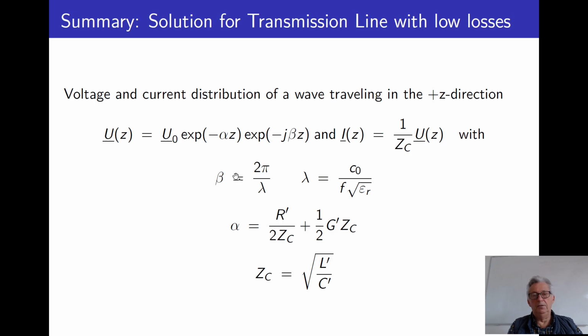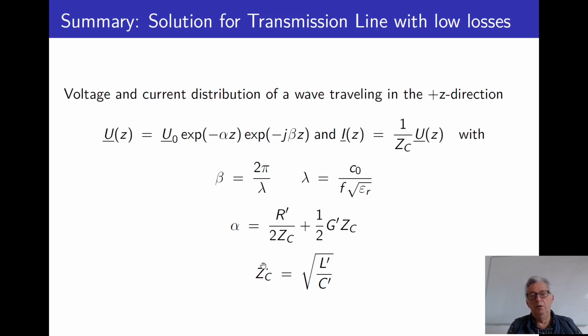The beta is already defined like this, and alpha like this. These are the values which also hold true in a lossless case. But if there are losses present, we have to account for alpha, which accounts for the losses.